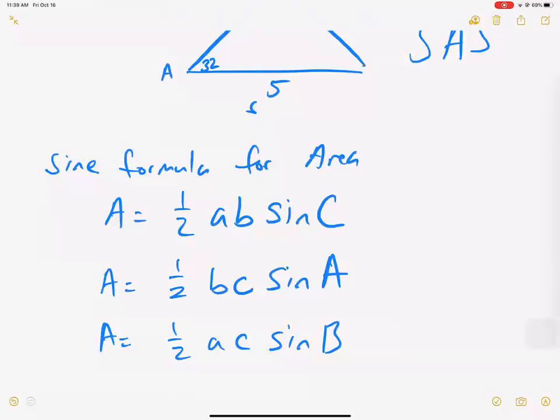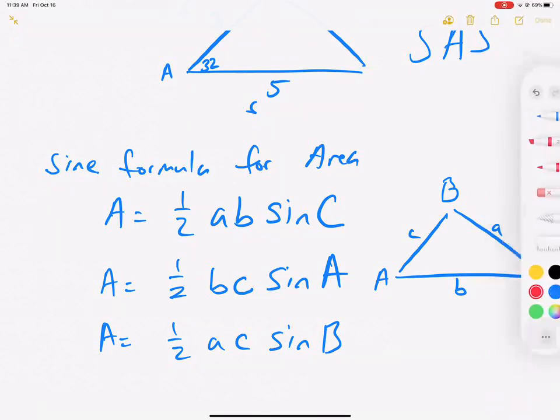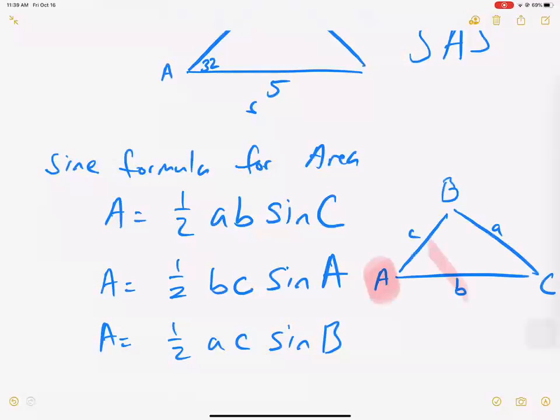Now let me just draw a triangle with the letters A, little a, B, little b, and C, little c. If I am using angle A, that means B and C are right next to me. Look, so it's side, angle, side.